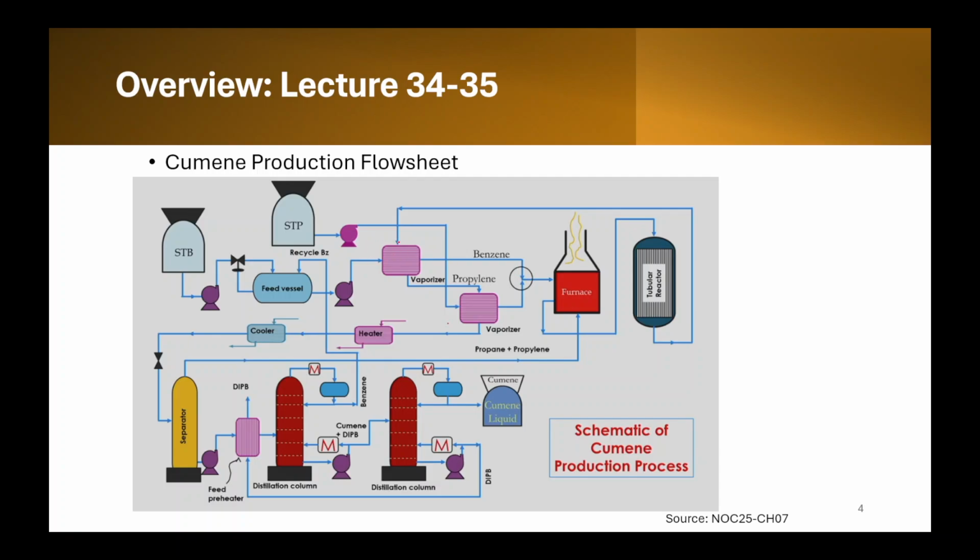From the vaporizer, benzene is vaporized at 243 degrees Celsius. From here, it is mixed and then sent to the furnace, and from there it goes to the tubular reactor where the catalyst is.